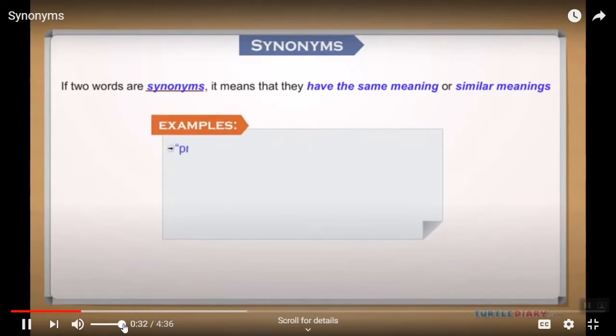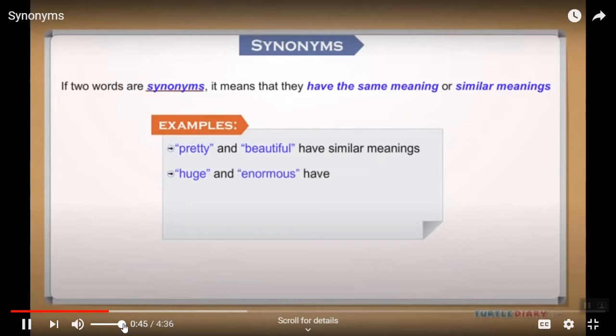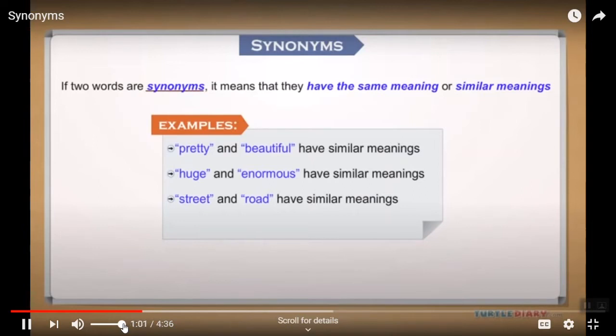The words pretty and beautiful have similar meanings, hence they are synonyms. The words huge and enormous have similar meanings, so they are synonyms. The words street and road have similar meanings, hence they are synonyms. The words true and factual have similar meanings, and they are synonyms.